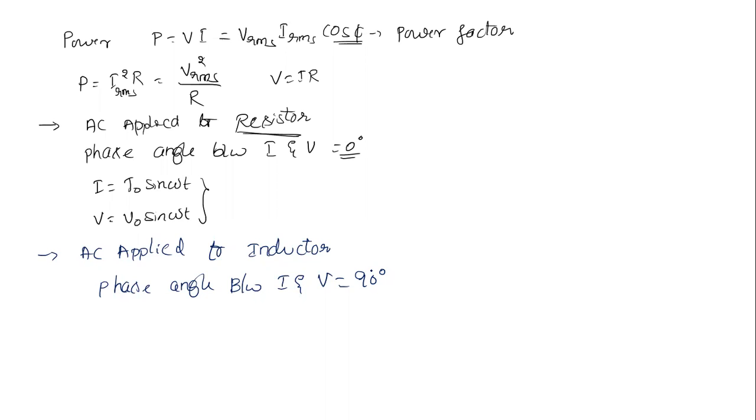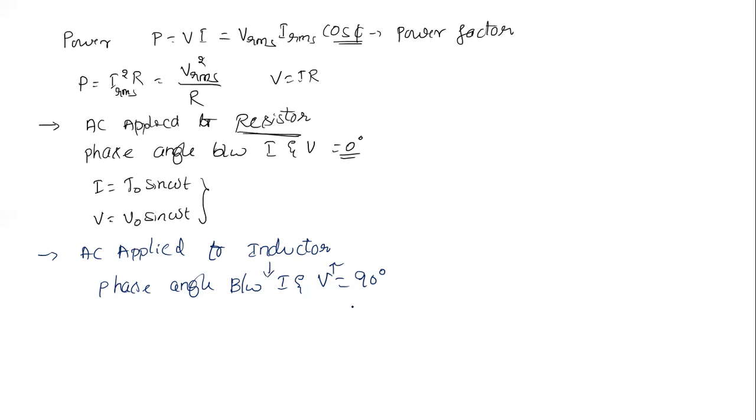Voltage is leading and the current is lagging, right? You should remember these things. Voltage is leading, current is lagging by 90 degree. That is what we call an inductive circuit.